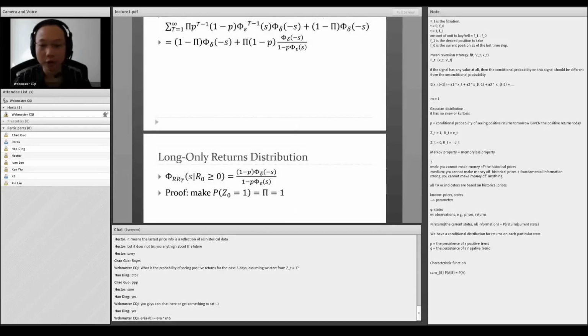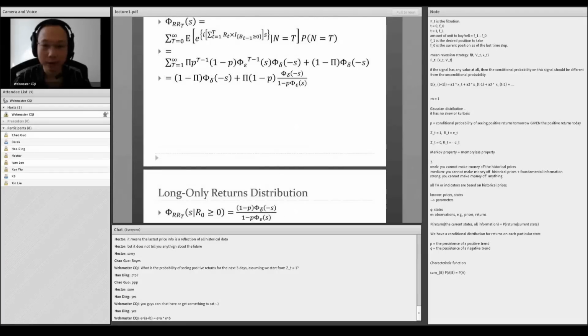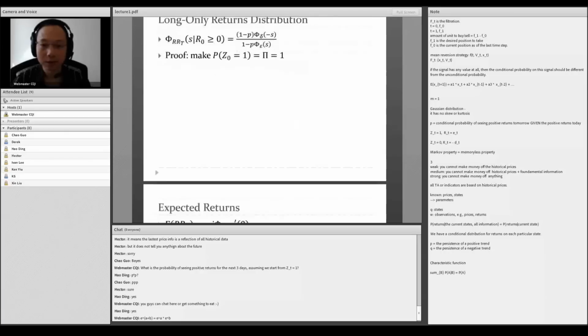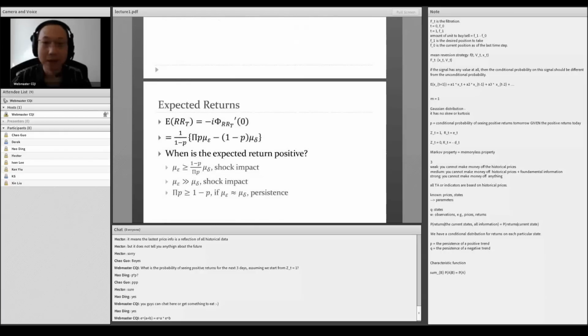We want to compute the expectation of R_T. This is the expectation of how much money we are going to make with one long trade. If we make one buy trade, then hold, and then sell at time t, this is how much money we expect to make, and this is the expression for that.